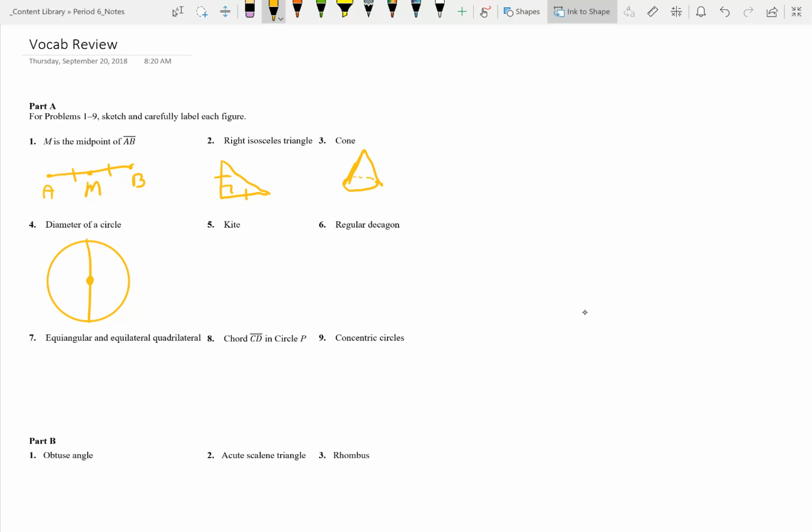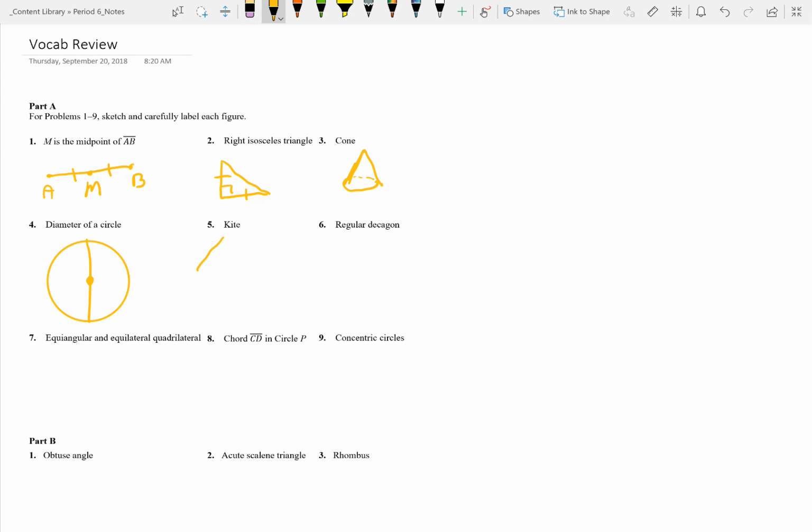Kite. The general shape of a kite looks like this. And let's see here, actually. I kind of want it to be a little bit clearer. Yeah, even that looks more like a rhombus to me. So, all right, I want to turn off ink to shape then.